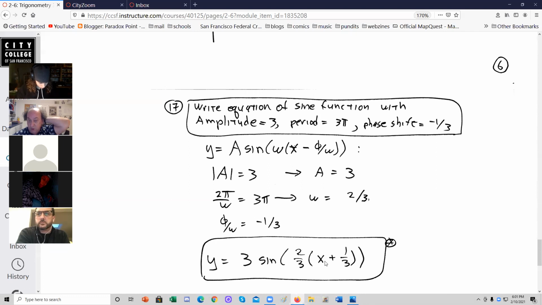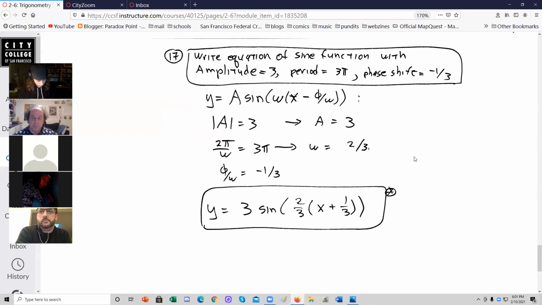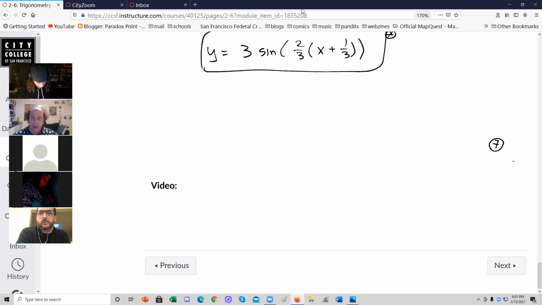Actually, +1/3 works fine, because it does move it to the left 1/3. So here we go. y equals 3 sine of 2/3 of x plus 1/3. But I really should rewrite this as a plus. All right, so there we are. Okay, I think that'll do for now.